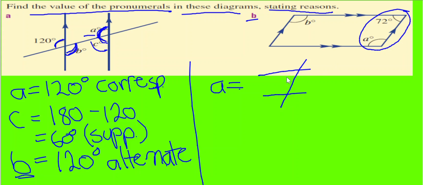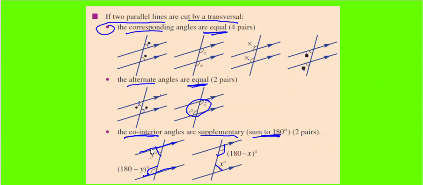I know that that angle in there is 72 degrees and I want this angle here. What type of angles have we got here? It's inside the parallel lines on the same side of the transversal, so they are co-interior and they add up to 180.